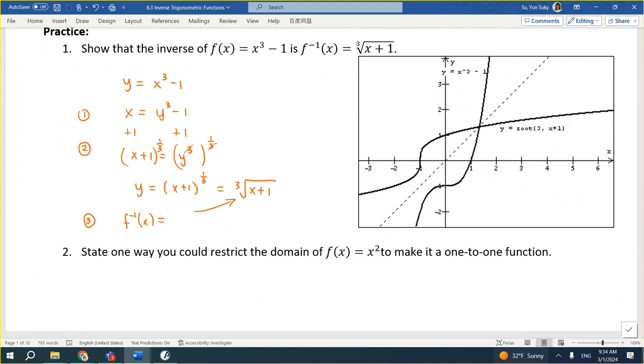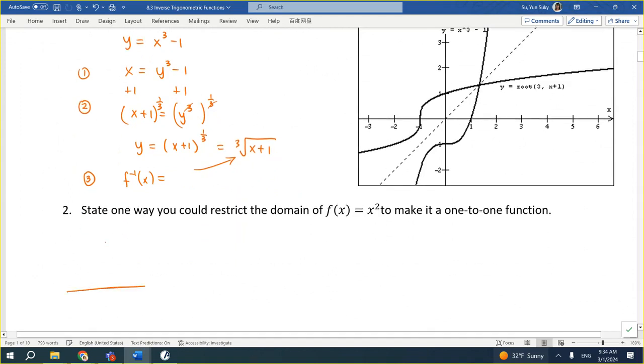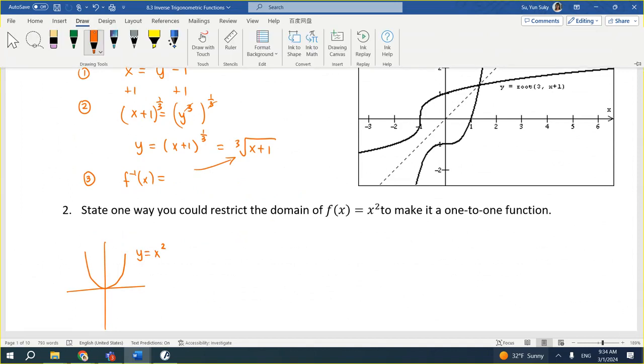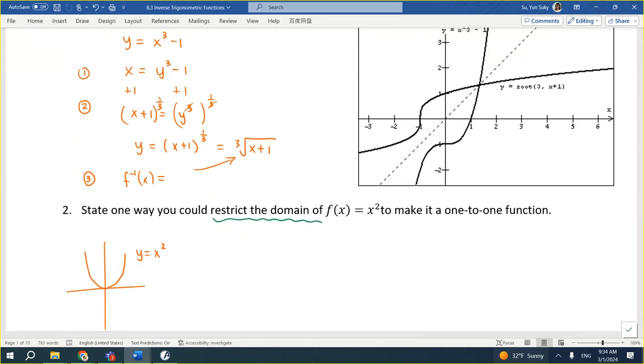But what if the function is not 1 to 1? Like here, we all know the parabola looks like this. It's not 1 to 1. So in this case, you're going to restrict the domain so that you have a 1 to 1 piece. So we restrict the domain.